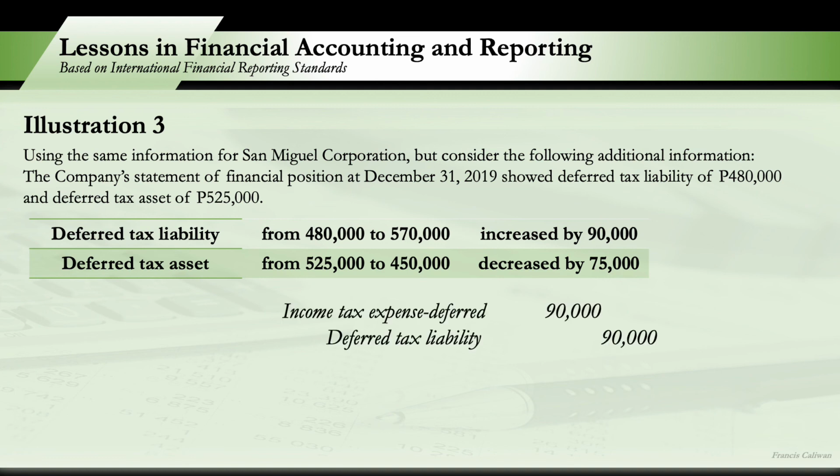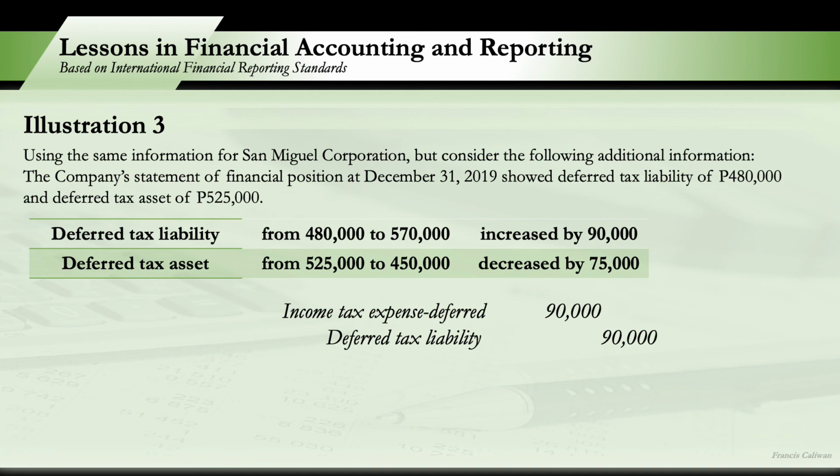For the deferred tax liability, since the account increased, we debit income tax expense deferred 90,000 and add to deferred tax liability, only the 90,000 increase. So that is what I said earlier: the entry to recognize deferred tax liability or deferred tax asset depends upon the movement of the account during the period. So always consider if there is a beginning balance.